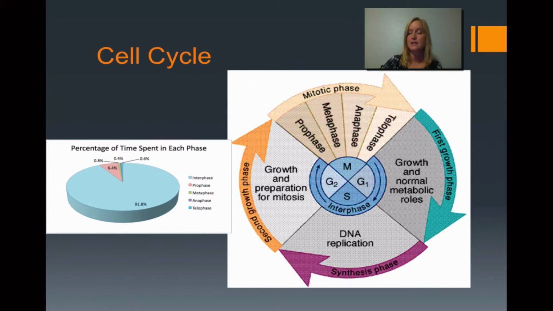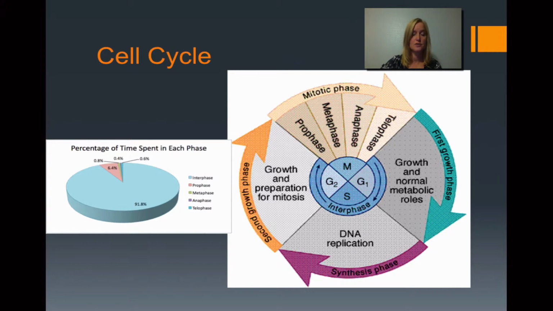Okay, so now let's get into this process of mitosis. Mitosis has 4 different stages. So those stages are prophase, metaphase, anaphase, and telophase. And the cell really does not spend very much time in this part of its life.